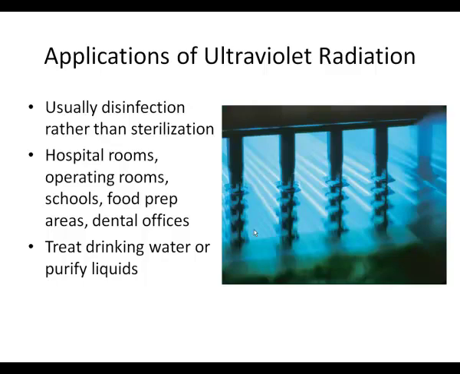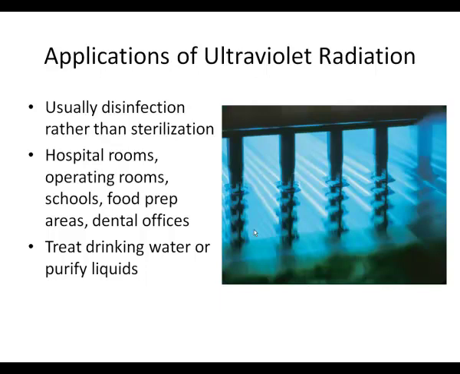Some of the applications that we can use for ultraviolet light: a lot of hospital rooms are disinfected, operating rooms, schools, food preparation areas. If you go to some of these fast food restaurants, you'll see that they use UV light for the disinfection of a lot of their food prep areas.